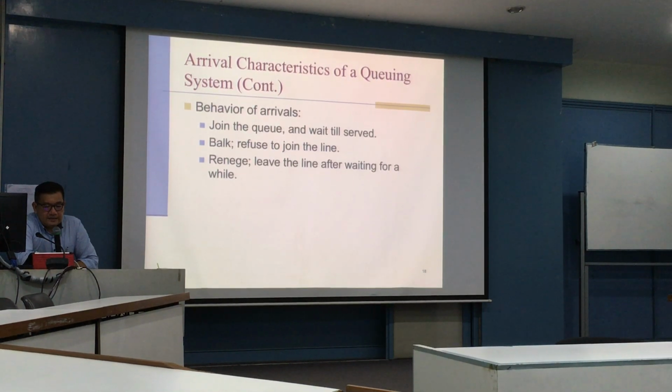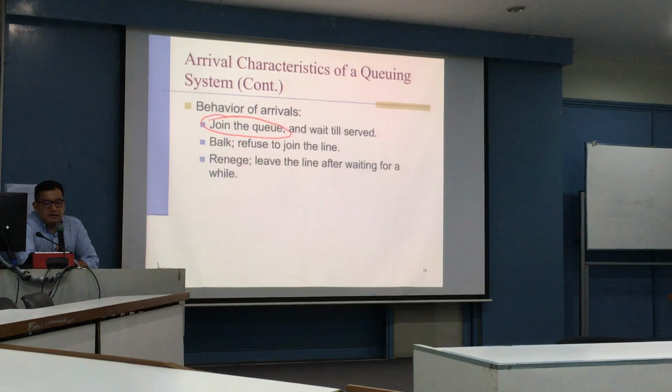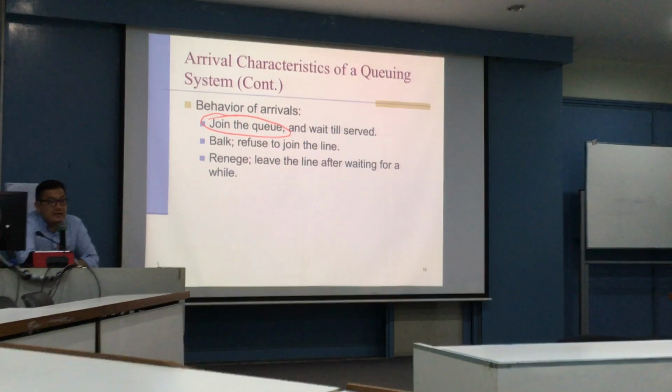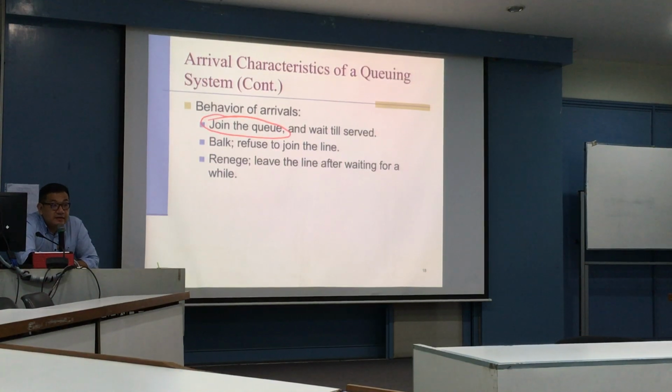Besides the pattern for the arrival characteristic, the next one is the behavior of arrivals, the behavior of the customer. In all the models we study in class, we assume customers perform the join-the-queue behavior. That means all customers are willing to join the system and wait in the waiting line until they get the service.